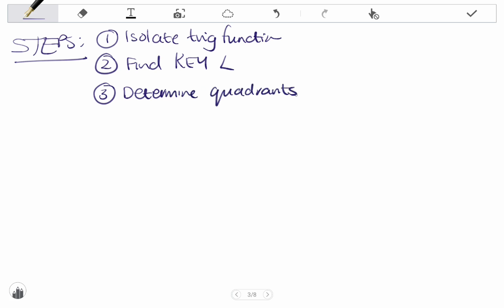And we determine the quadrants according to the sign of the value in our equation. I will expand this again for every example. So after you've determined the quadrants, you are going to write a general solution per quadrant.